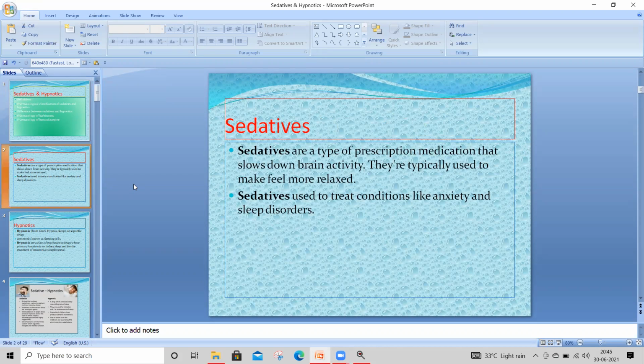Next, definition of sedatives. Sedatives are prescribed by doctors, and these sedatives are also used for the treatment of anxiety and sleep disorder.